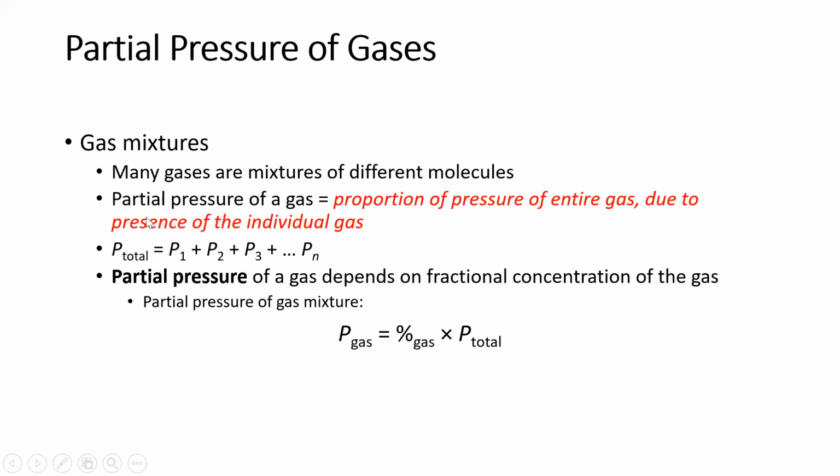And so the equation to do that here is the pressure of the total gas mixture is equal to the pressure of the first gas plus the partial pressure of the second gas plus the partial pressure of the third gas, and so on until we get to the very last gas, which is N, being however many gases are present in this gas mixture.